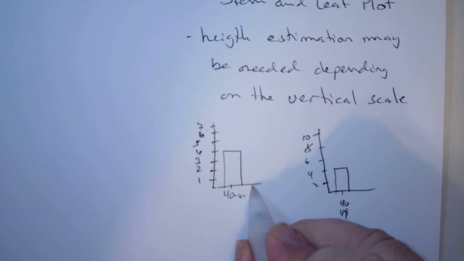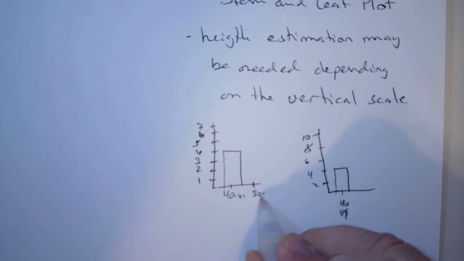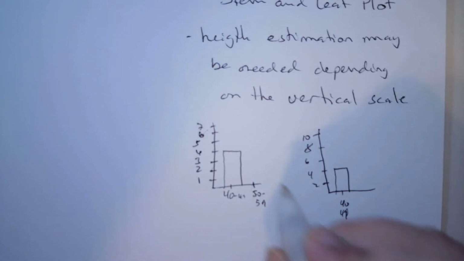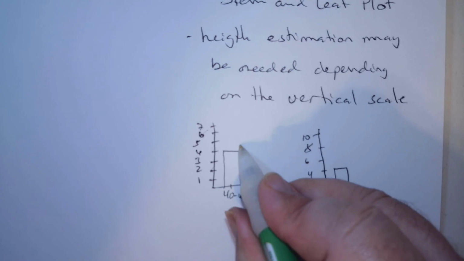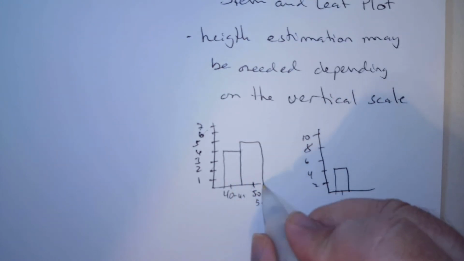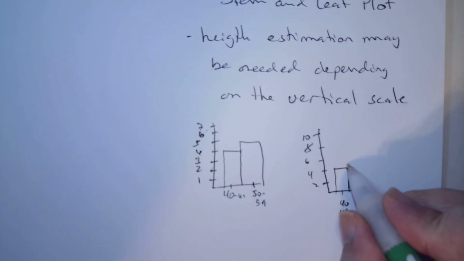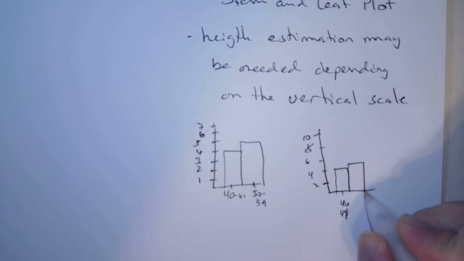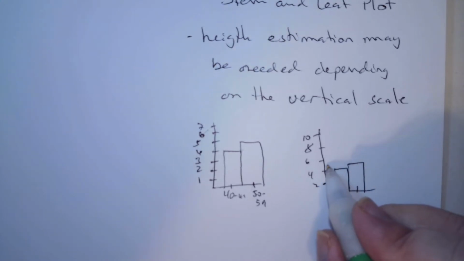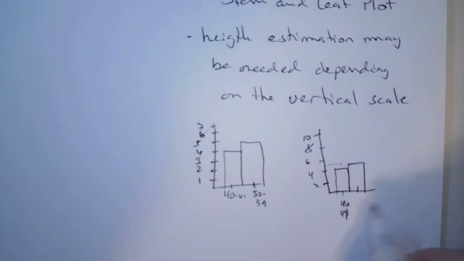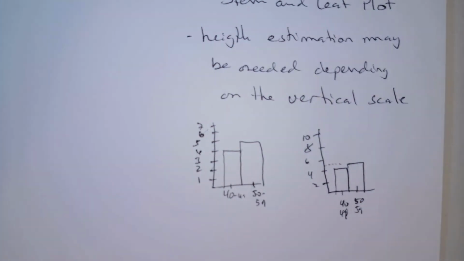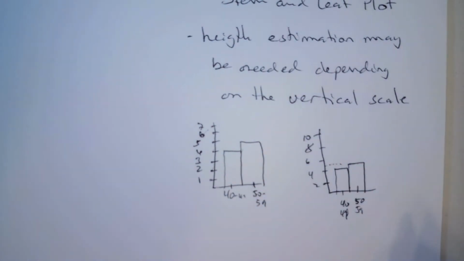But the next one, the 50 to 59, that one's pretty easy. I just go up 1 here. But in this next one, I had to guesstimate where it is. So that's a limitation with that.